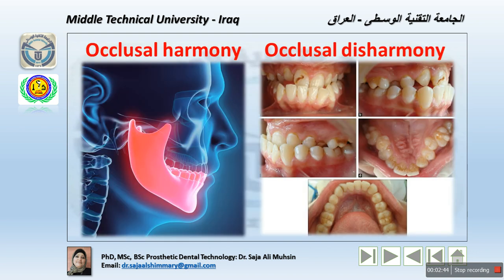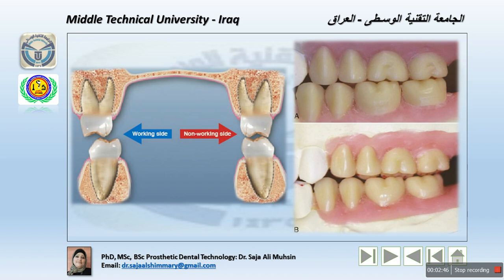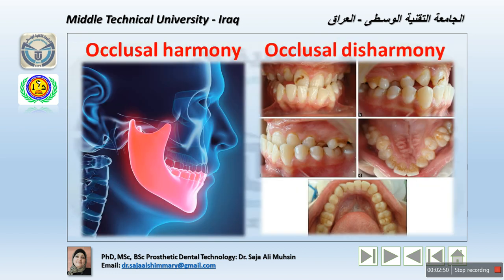Now, the establishment of the occlusion in removable partial denture is also related to occlusal harmony and occlusal disharmony. Occlusal harmony is a condition in centric and eccentric jaw relation in which there are no interceptive or deflective contacts of occluding surfaces.